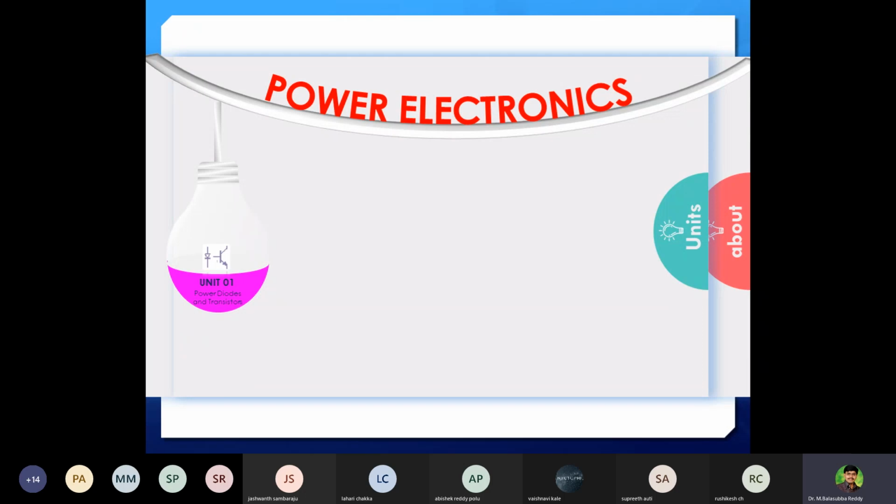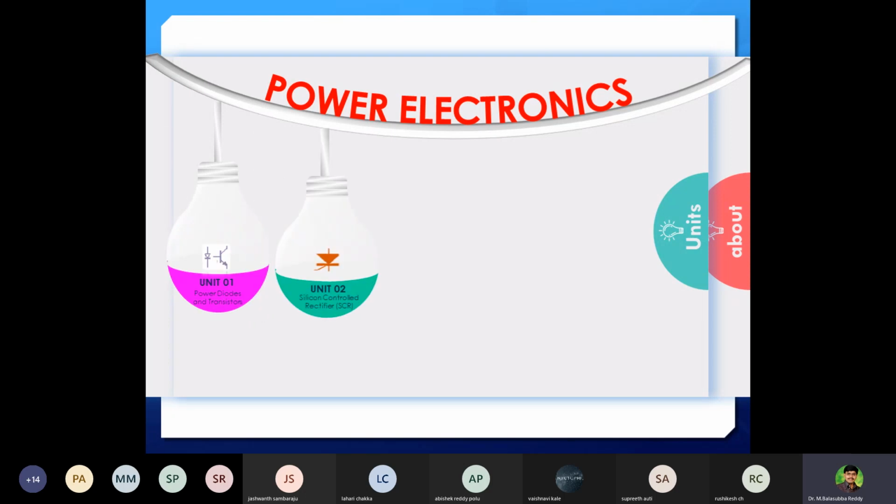Even the latest devices are there, but those will come in some other places. In this course, we will use only SCRs or thyristors, BJT, MOSFET, IGBT. These are the devices we will use. The characteristics of the devices, all these things, will come under the first unit.